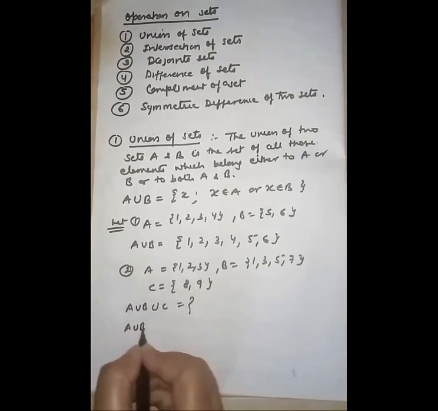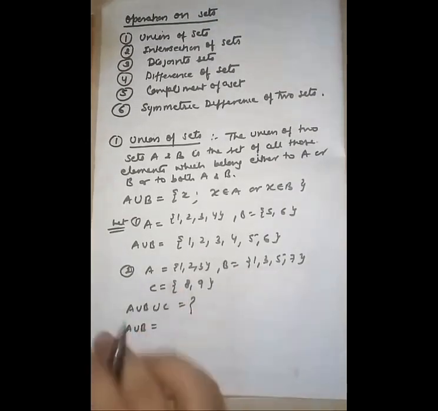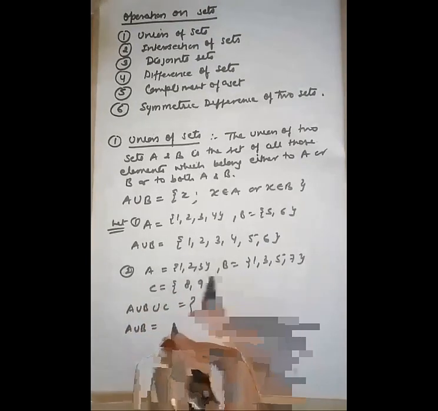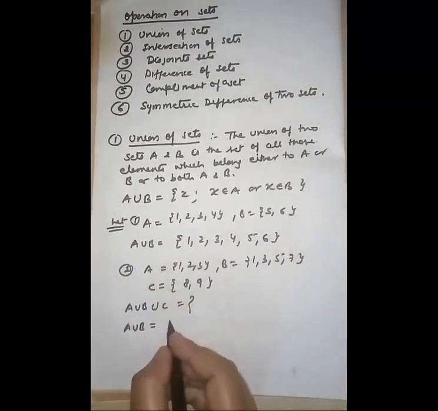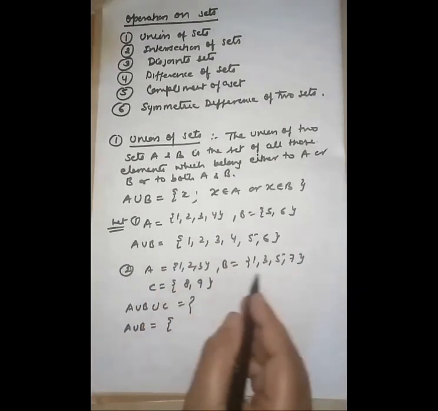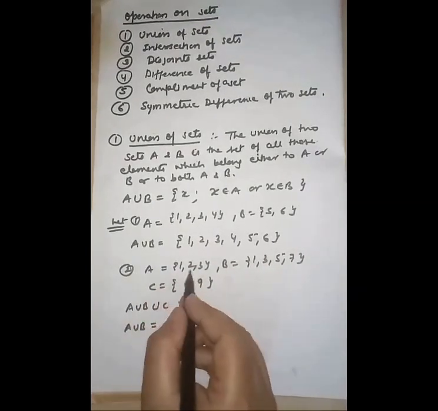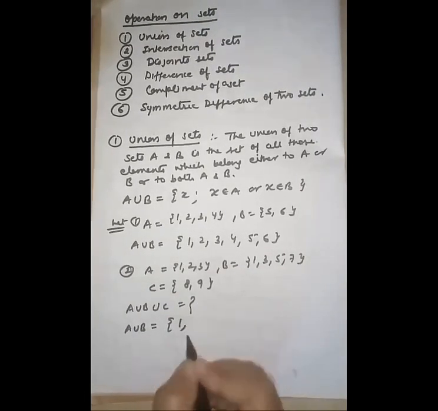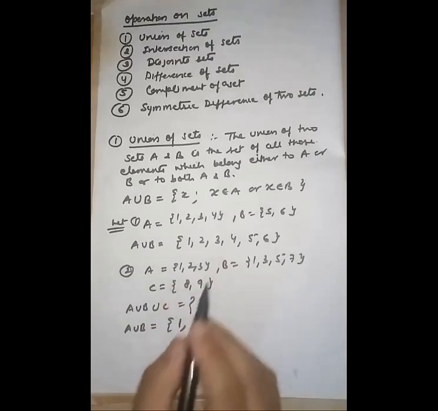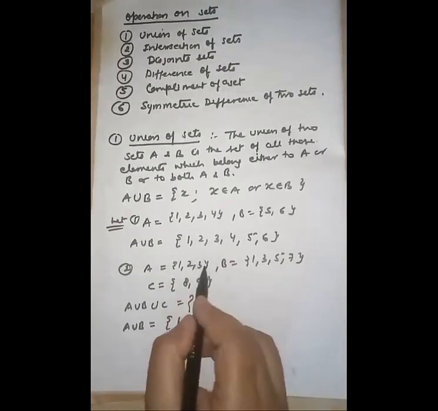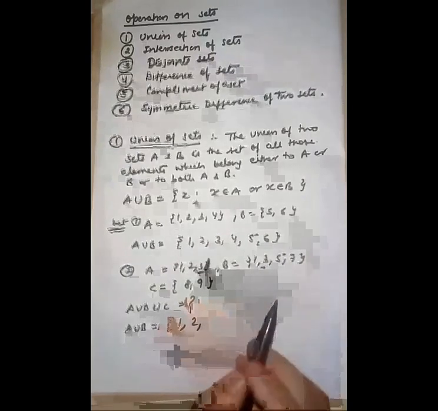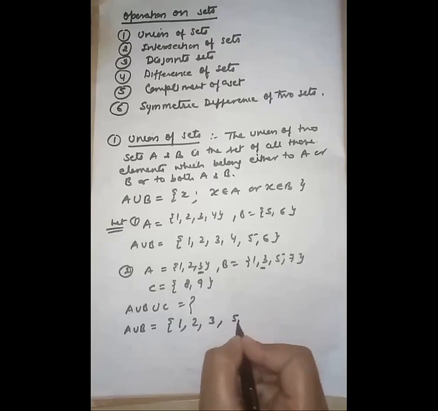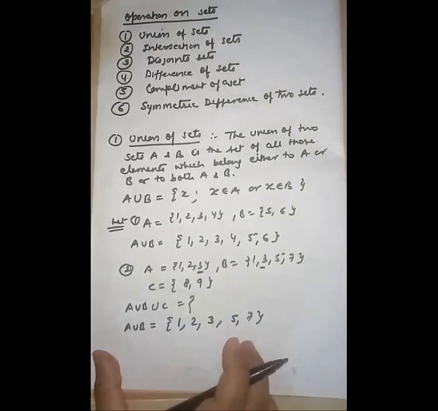Firstly you find A union B, or you can find B union C, according to your choice. So firstly I find A union B. Combine all the elements of A and B. 1 is here, 1 is also here, so taking it only one time. 1 and 2, 3 is in both A and B, so taking 3, and 5 and 7. This is your A union B.